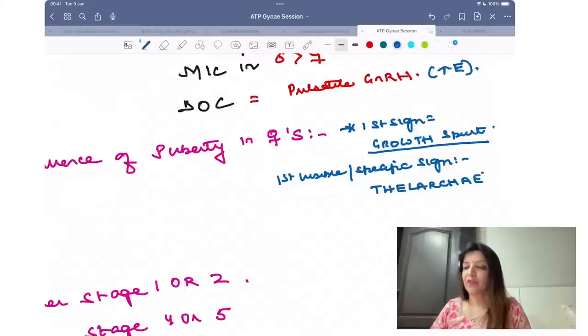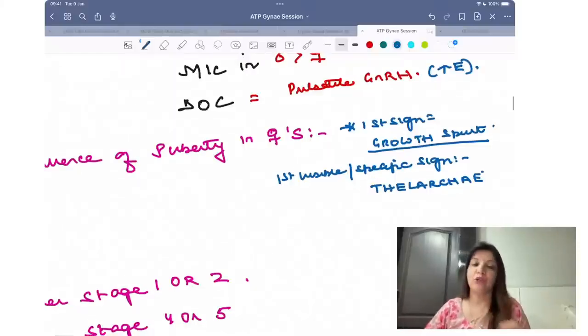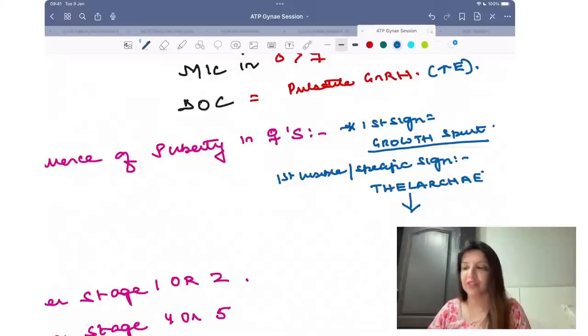Right? Vijay, that is what I was telling you. Don't write in the chat box what was taught in pediatrics. Mark what I am telling you. Write what I am telling you. Okay? Not because I am telling you, but because the latest edition of Williams says that. Then after thelarche, what will be the sign? Thelarche is breast budding.